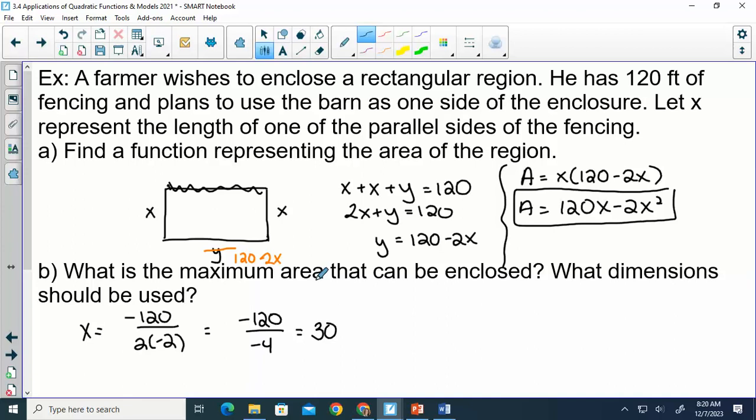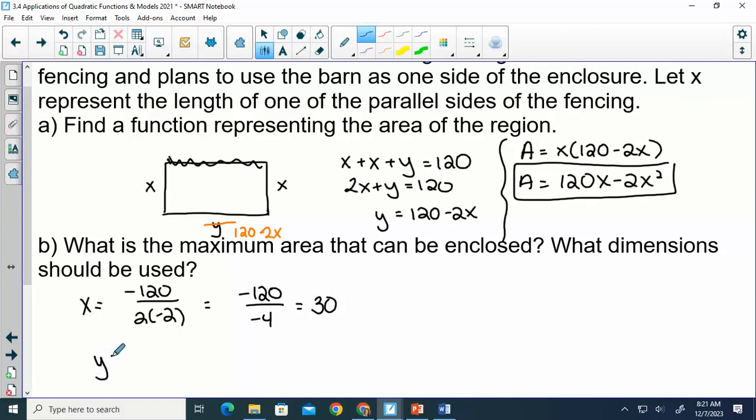What do I do with that? Plug it into 120x minus 2x squared. Okay, if you want to find Y. Oops, sorry. You want to find area. Plug it into our area equation.